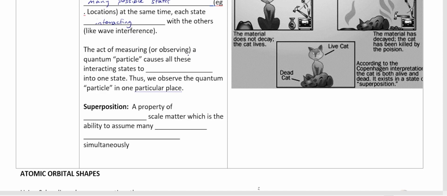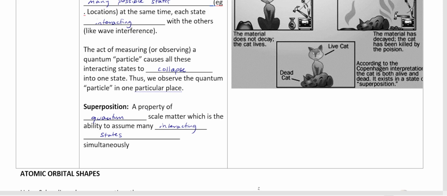The act of measuring or observing a quantum particle causes all these interacting states to collapse into one state. And so we observe the quantum particle in just one particular place. So superposition is a property of quantum scale matter. Again, we only really see this at the subatomic scale, which is the ability to assume many interacting states.